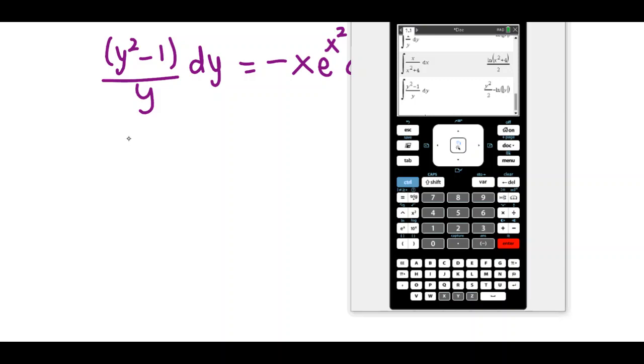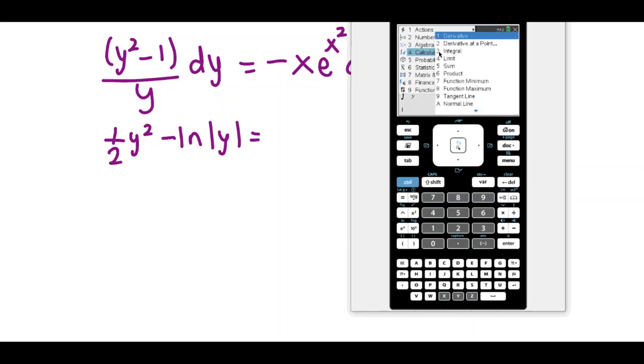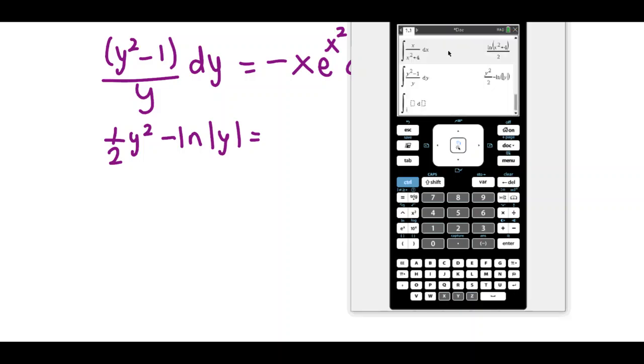So I write 1/2 y squared minus natural log absolute value y equals, and then we're going to do the right side: menu, calculus, integral, negative x e to the x squared dx.